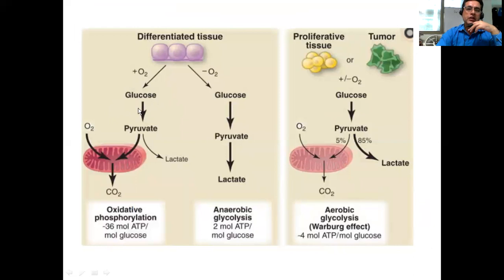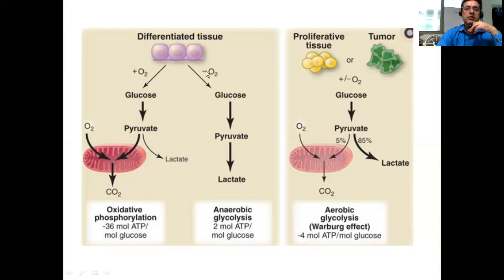The glucose normally is broken down into pyruvate, and the pyruvate enters into the Krebs cycle, and this process, when the pyruvate is completely broken down, gives you 36 molecules of ATP from a single glucose molecule, and some of the pyruvate is changed into lactate.